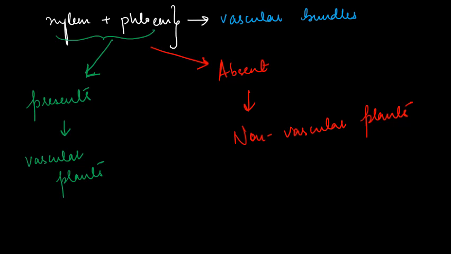So in vascular plants, let me give you an example here. Say this is a big plant, right? They have a well-defined transport system. They have a well-defined xylem for transporting water, and they also have phloem for transporting the photosynthetically prepared food to different parts of the plant, right? But in case of non-vascular plants, they do not have a transport system.